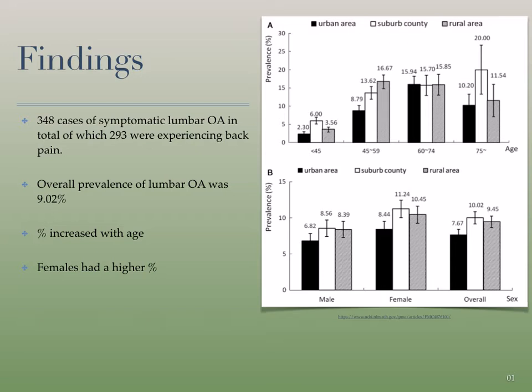For 45 and younger, there wasn't that high of a prevalence. Then you can see it spikes up from 45 to 59, and then it looks like just about everybody in urban, suburban, and rural areas all had about the same prevalence, and then it jumped in the suburban county, 75 and older, and you can see the females had a slightly higher prevalence than the males.